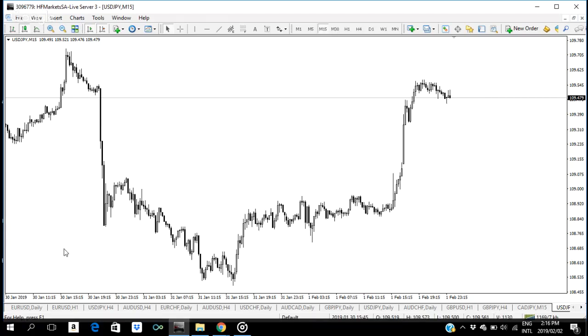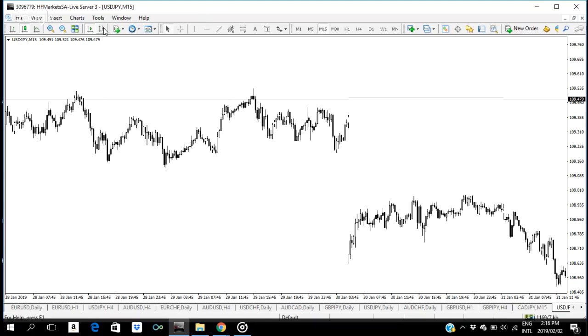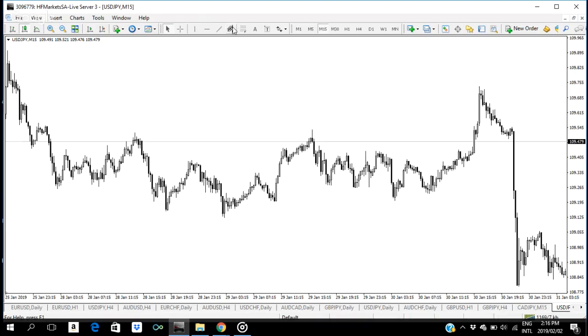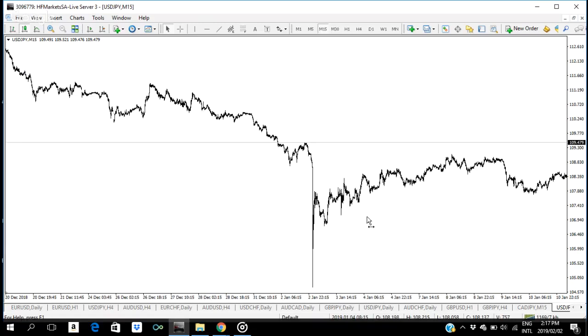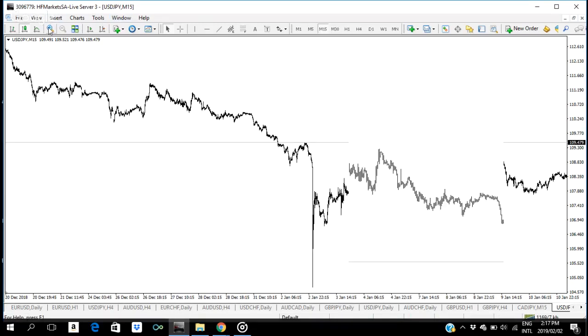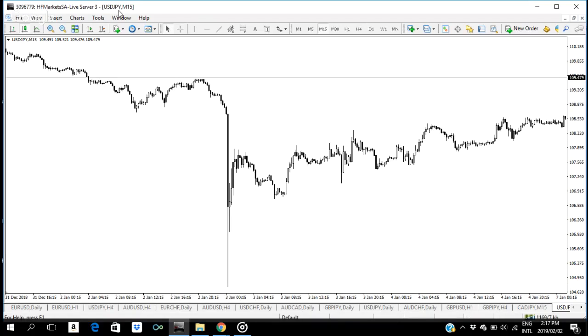Anyway, guys, let me look for a proper example for those that don't know what fundamental is. Fundamental trading is news trading, where some of us now prefer that over trading technical. So this is what happens. A news report gets released.